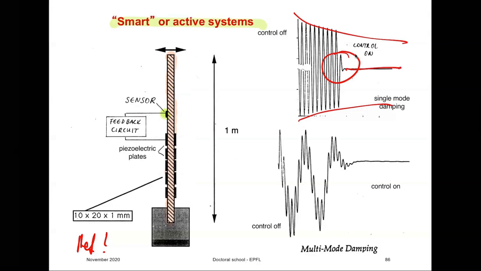And with a good feedback circuit, you can do this even for multimodal vibrations. So here you have two frequencies. You have this one, big one, and then you have this higher frequency movement. And once you turn the control on, the vibrations stop. It takes a little bit longer than in the above case, but still very quickly. There is very little ringing. This works very well.